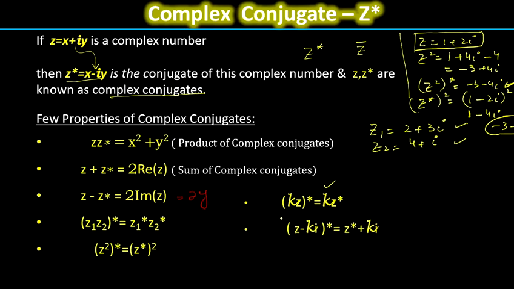I think in 2012 or 2013, I don't remember the exact year, a question based on this property was asked in the examination, and most of the students found it very challenging or difficult. They could not manage. If you are subtracting an imaginary number from a complex number and then take the conjugate, or if you take the conjugate first and then subtract that imaginary number, the results are the same. Please try to apply this concept.